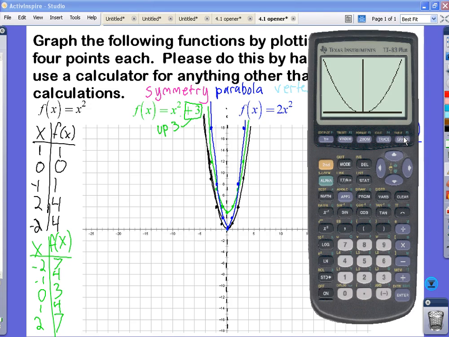Okay. That was cool. Well, let's see. Let's stretch out our window to infinity. Negative 1,000 and 1,000. And let's see. A million. Billion. Trillion. Infinity. Does the calculator even handle infinity? Okay.